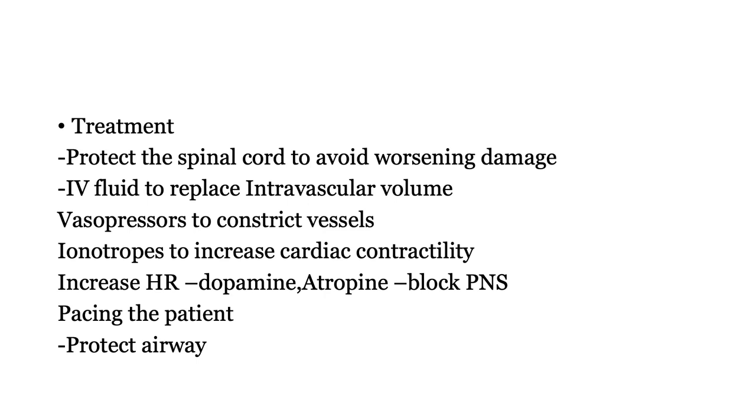Then we shall give vasopressors to constrict vessels in order to increase the systemic vascular resistance. Then we shall give inotropes to increase cardiac contractility. Then we shall increase the heart rate by giving dopamine or by inhibiting the parasympathetic nervous system with atropine. Then sometimes the heart needs pacing, and we need to protect the airway because the patient is unable to do that on their own.